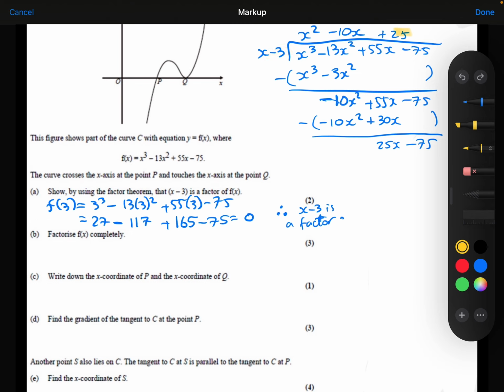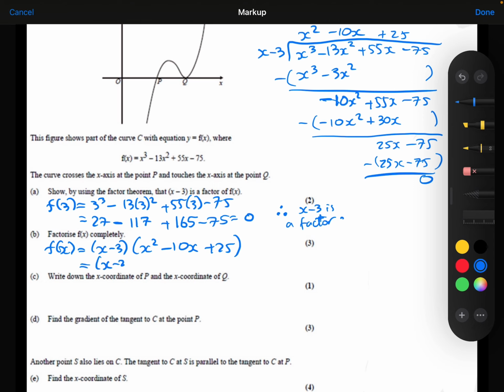So when we take that away at the end here, we will get 0 as we were expecting. So that allows me to write f of x as x minus 3 times x squared minus 10x plus 25.